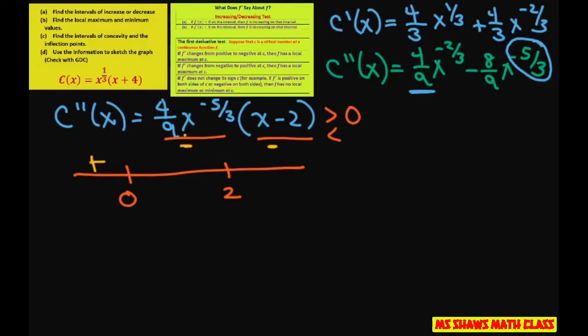If I plug in 1, I'm going to get positive times a negative is a negative. And if I plug in 3, I'm going to get positive and positive. So that's positive. All this means this is concave up, concave down, and then concave up.